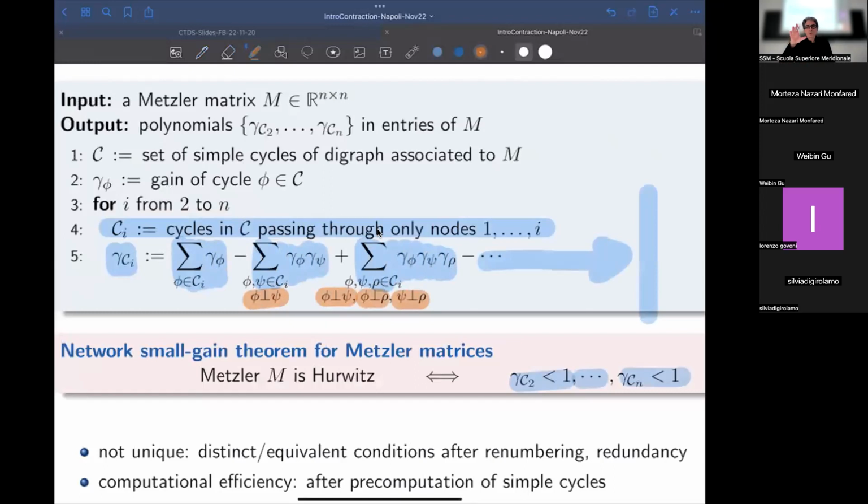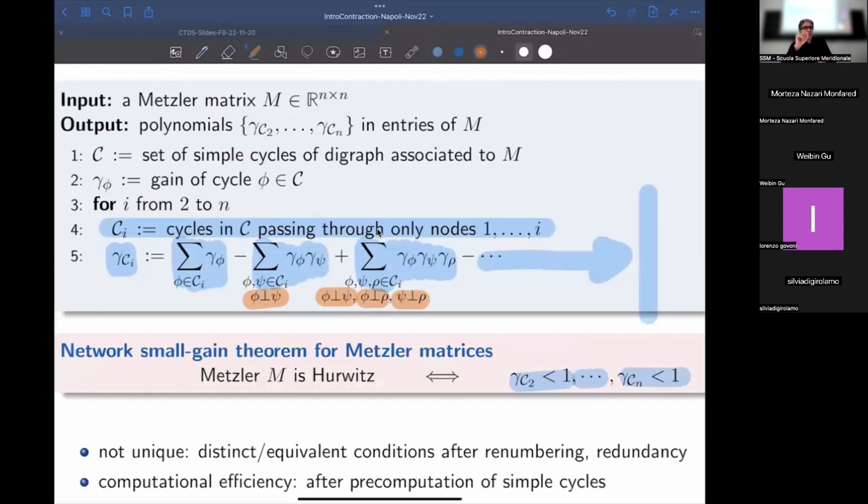It would take me half an hour to explain this carefully, and I don't want to invest that amount of time on that. What I am describing for you here is a graph theoretical algorithm to, given a matrix, identify the topology, which is the graph. Given the graph, compute all the cycles.